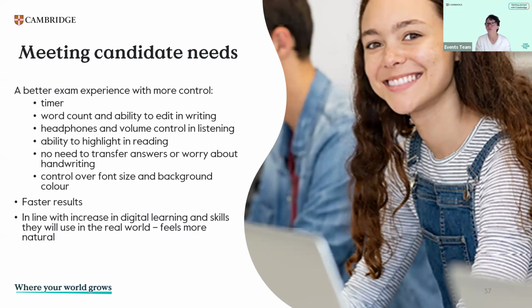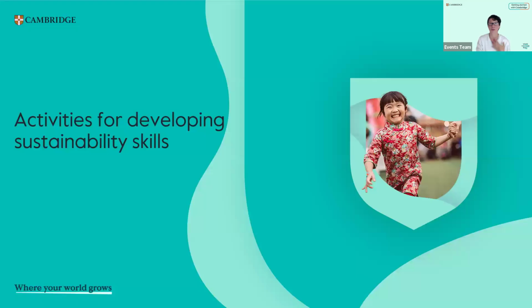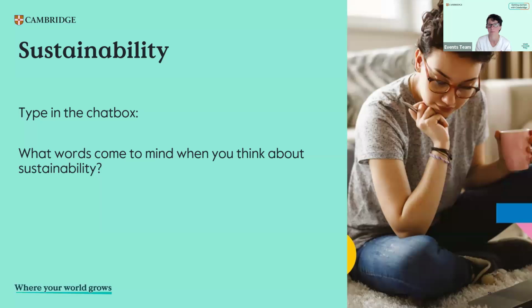So I've got two more resources and support that I'd like to share with you. And the first one is sustainability. Now, I've been talking for quite a bit, so I've got a question for you to pop into the chat box. What words come to mind when you think about sustainability? So if I say sustainability, what words come to mind?